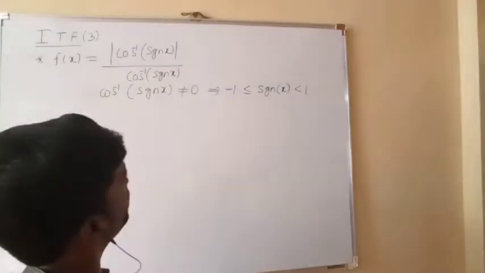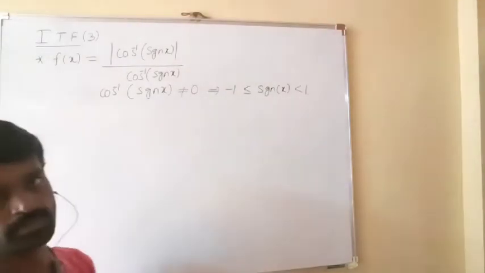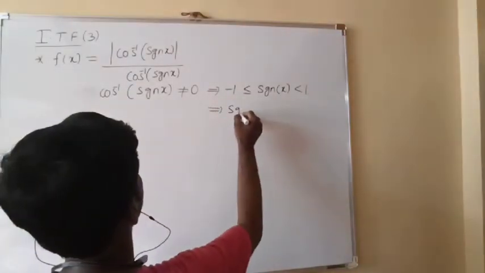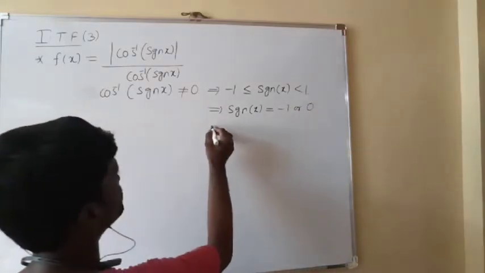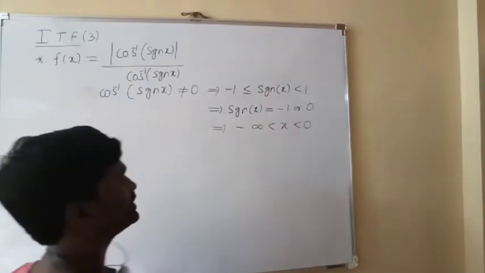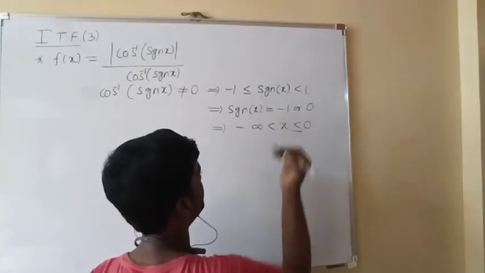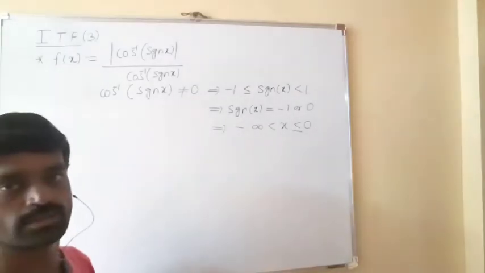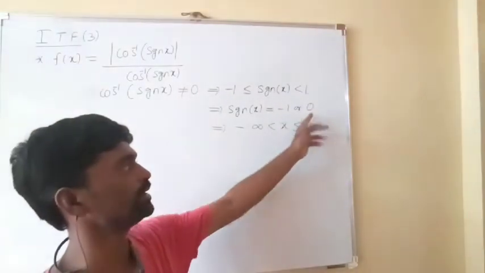So signum function of x, we know that already the value is either 1 or minus 1 or 0. So from this we can conclude that the signum function of x value is either minus 1 or 0.